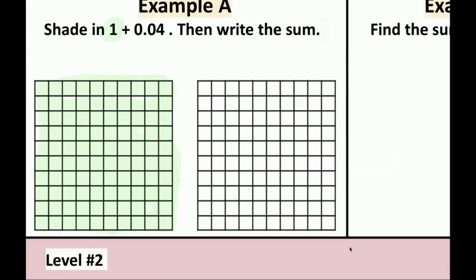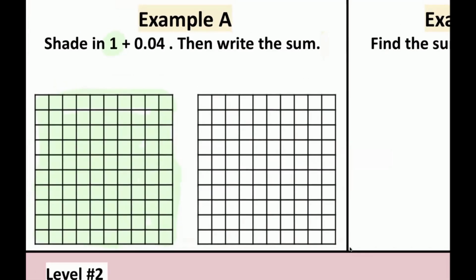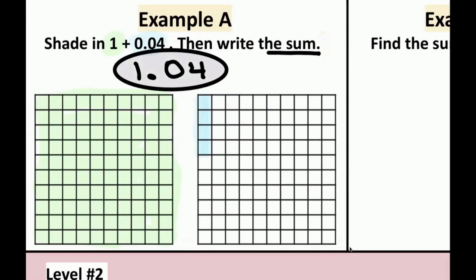So for 4/100ths, we're shading in 4 out of the 100 boxes. So just 1, 2, 3, 4. It says then write it as the sum. I know sum is the answer to an addition problem. Well, we have 1 and 4/100ths. That is our sum. And we're going to practice this some more. You can always come back to this example if you need to.